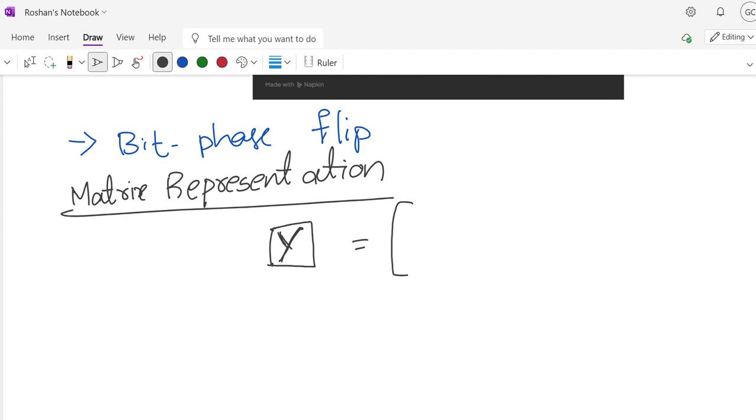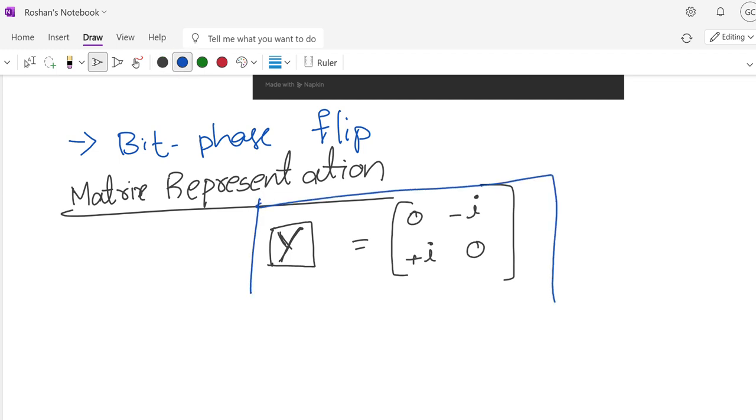The matrix representation is 0, minus i, plus i, 0. Again, it is very important to remember the matrix representation notation for each and every gate.